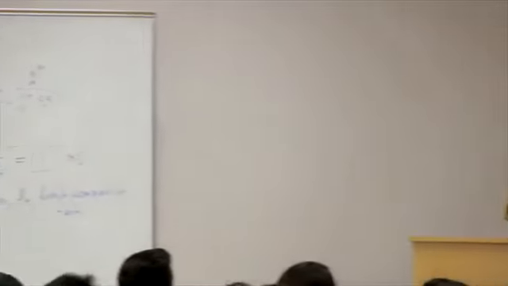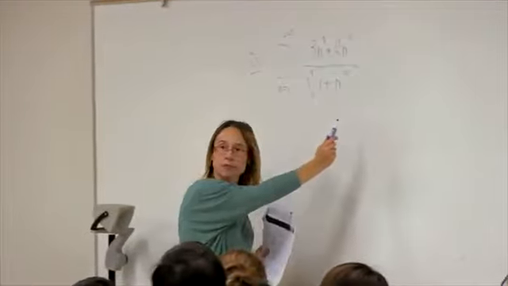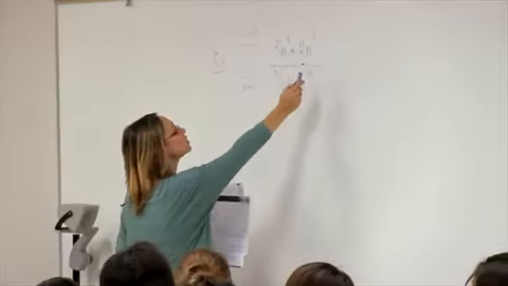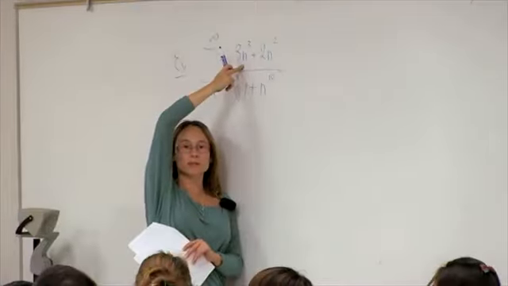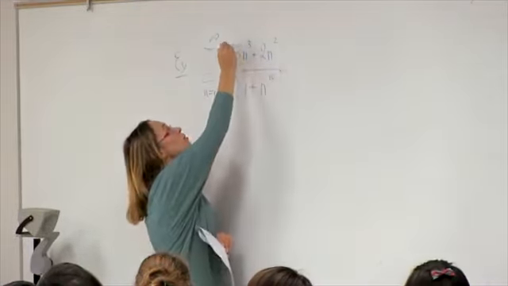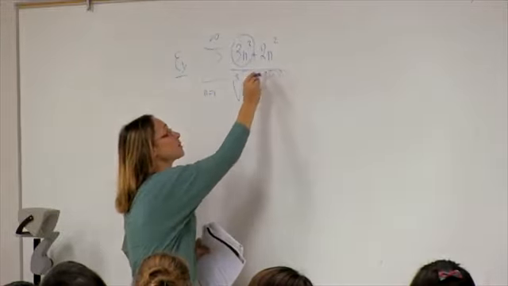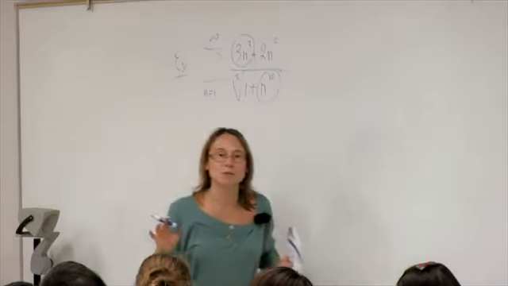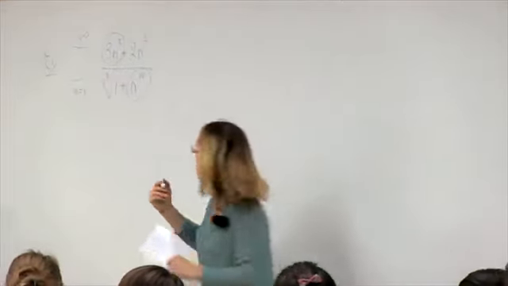We look at the biggest contribution in the numerator and in the denominator as n goes to infinity. So what's the largest term in the numerator? This definitely wins, right? This is a cube power of n, and this is second power. So this is a bigger contribution. In the numerator, this is a lot bigger. So I'm going to create a sequence that only has the leading order terms both in numerator and denominator.